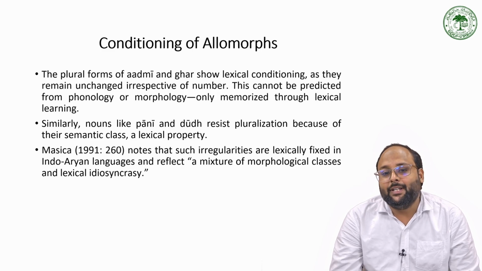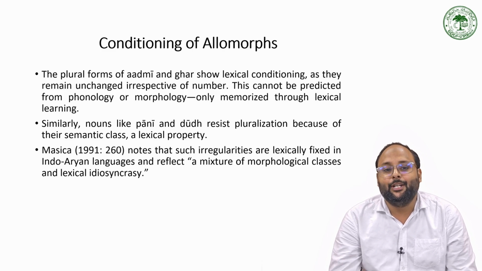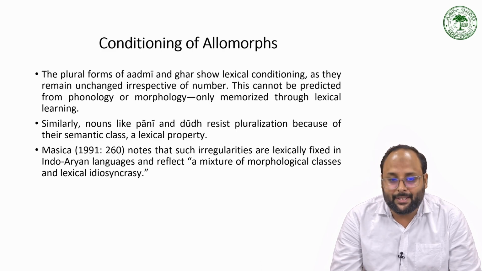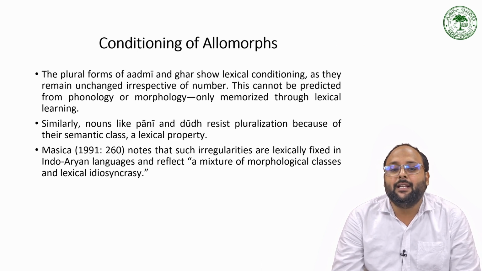So Masica notes that such irregularities are lexically fixed in Indo-Aryan languages and reflect a mixture of morphological classes and lexical idiosyncrasy. So here you can understand there are two things: one is the morphological classes and the other is lexical idiosyncrasy.